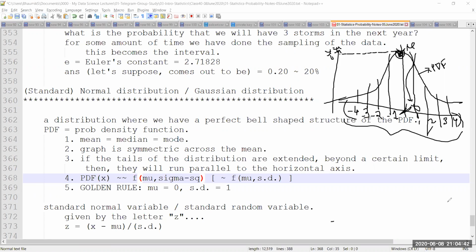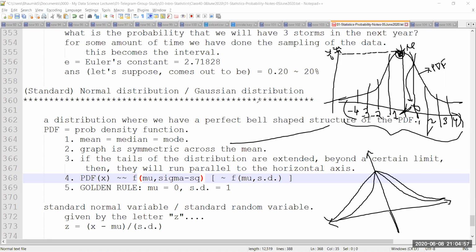So ideally, we should represent a normal distribution like this. This should be the axis, and this should be how it goes. Right? This is going to be the normal distribution. Now you can see cases where people will define a normal distribution as something like this.